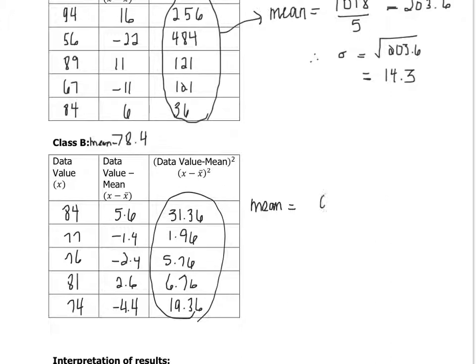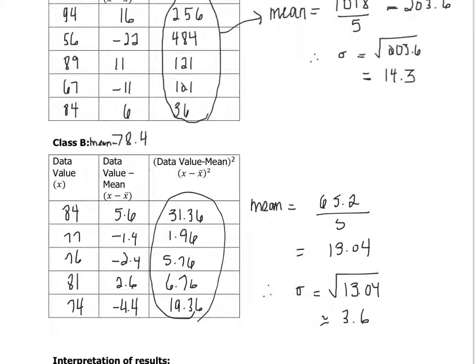And I'm getting a total of 65.2, divided by 5, which is 13.04, and therefore this standard deviation would equal the square root of 13.04, which is approximately 3.6.